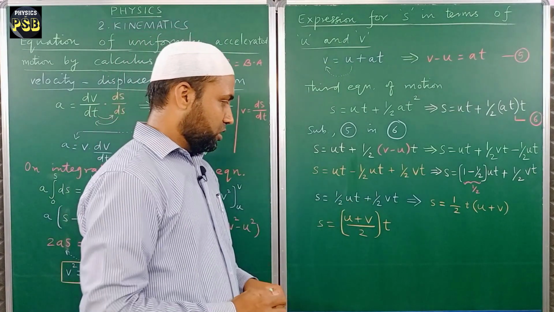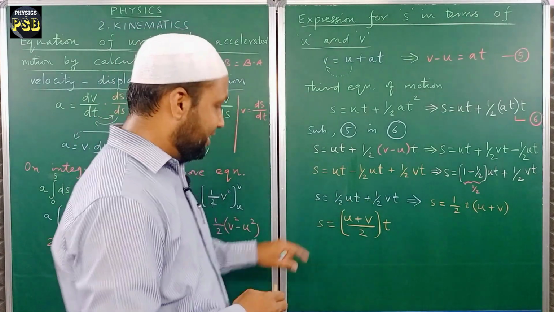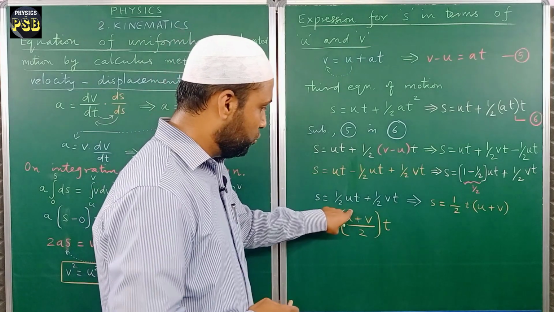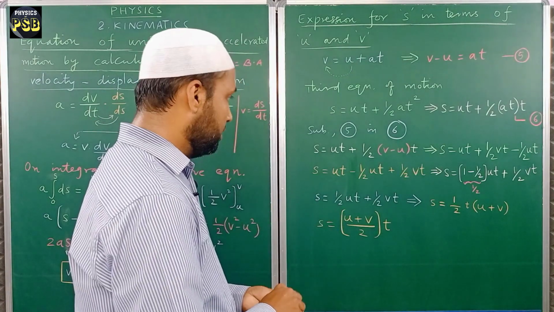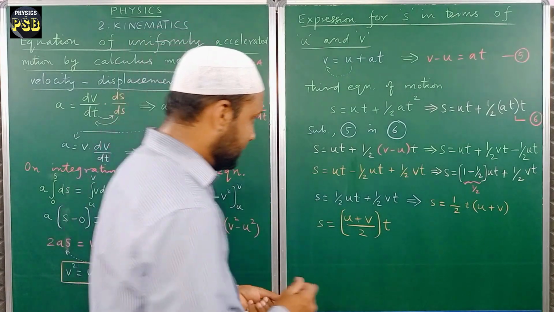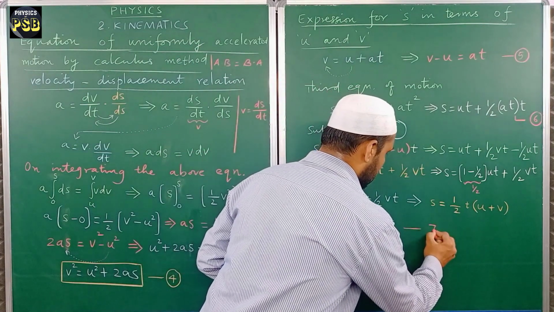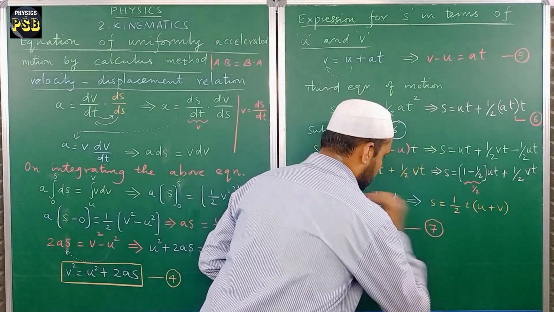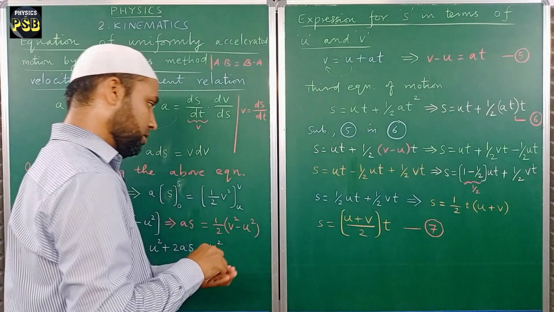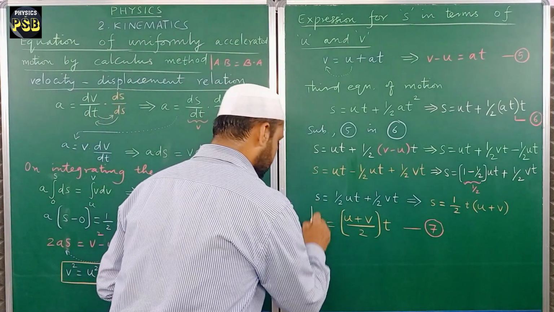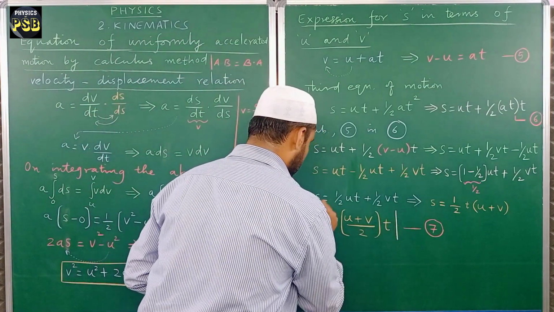So this is the new expression for s in terms of u and v. Clear? I name this equation as equation number 7. I'll box this one for better visibility.